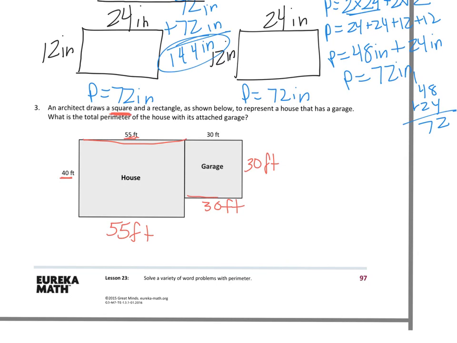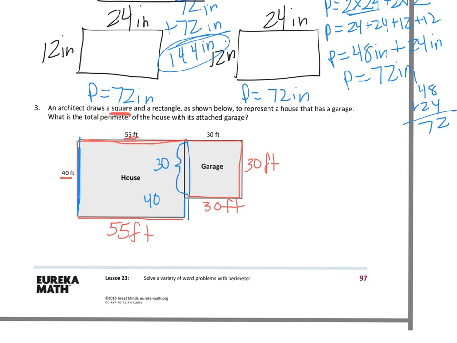So I have this, all of this, and right here. The only thing I'm missing is that little piece. And to find it, I know that this part of the garage is 30, and this whole line length is 40 because I can see it right here on this side.